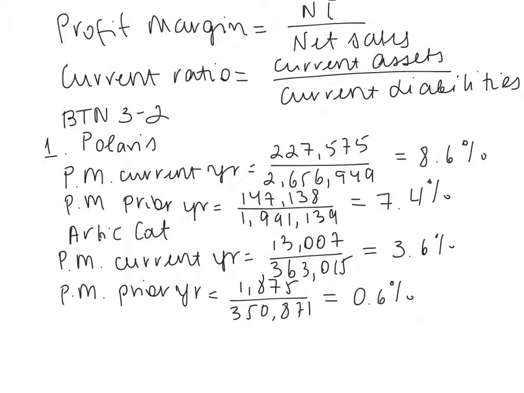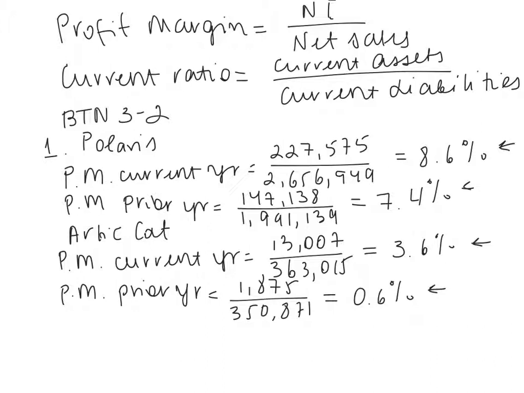So if you compare the two companies' profit margin for current and prior year, you will find that the current year's profit margin for Arctic Cat is lower than the profit margin for the same year for Polaris. The same thing with the prior year. The profit margin for Arctic Cat in the prior year was 0.6%, which is lower than 7.4% for Polaris in the prior year.